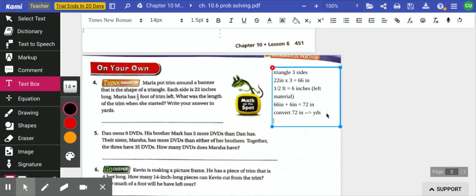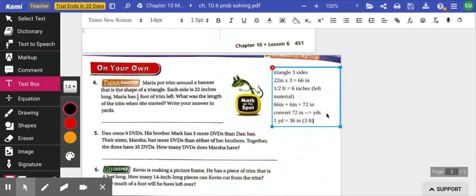Or I could divide the 72 inches by 12, get feet, and then do the feet to yards, which would be smaller measurements, because instead of doing 36 into 72, I could do my feet into inches, but I also know math facts and I can multiply. So I'm going to go inches to yards because I think it's just a little bit quicker. So 1 yard equals 36 inches, or 3 feet.